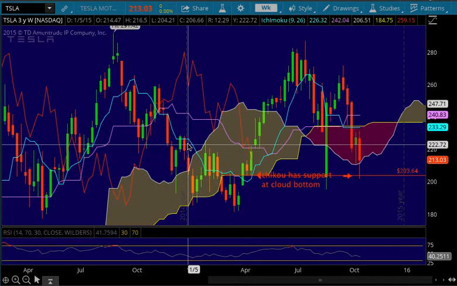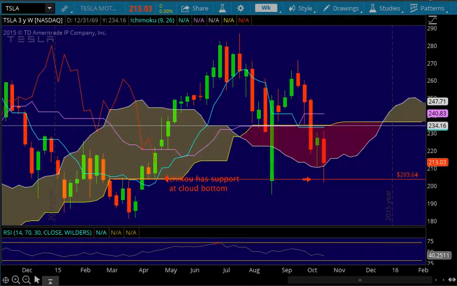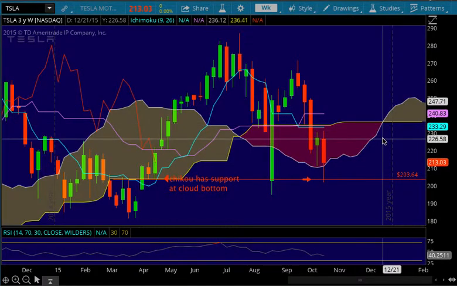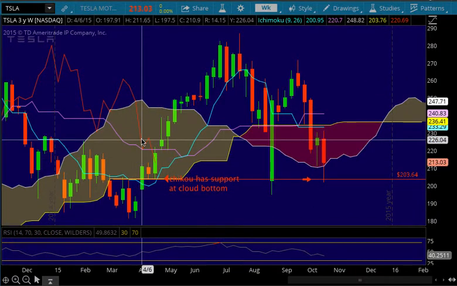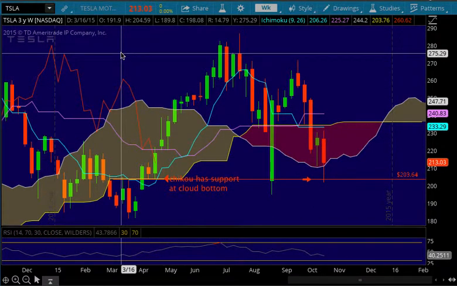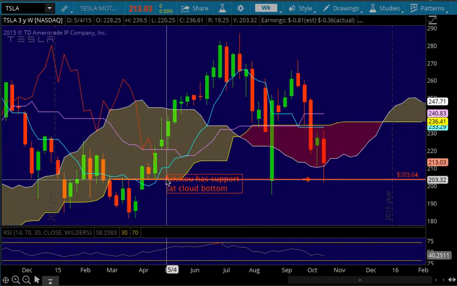I'm going to start off with the weekly. Let me zoom in a little bit. So yesterday I posted this chart on Twitter as I saw a significant potential support being presented.